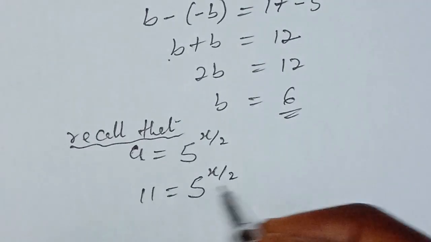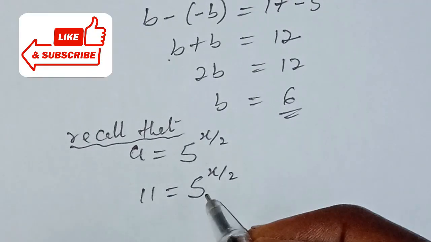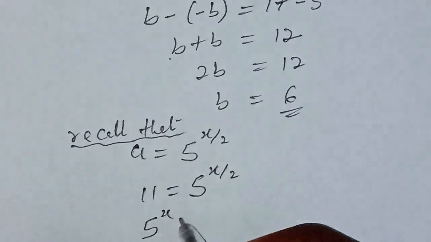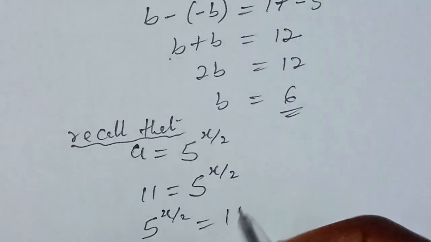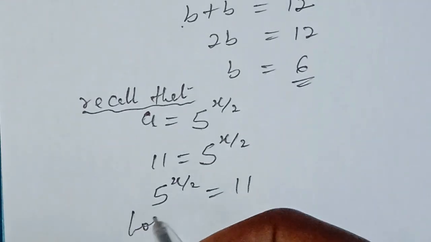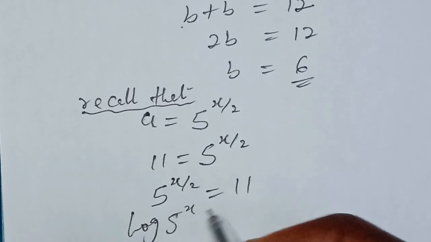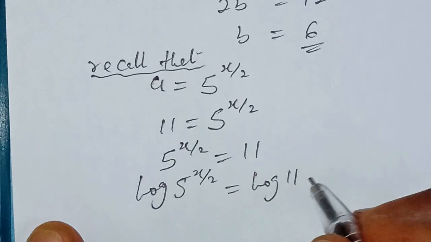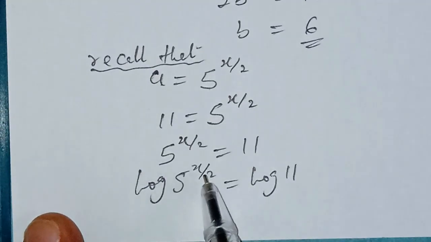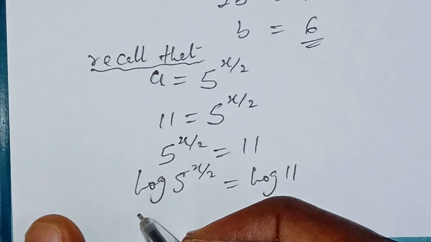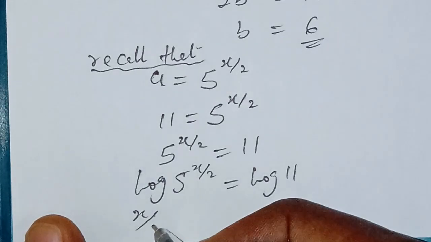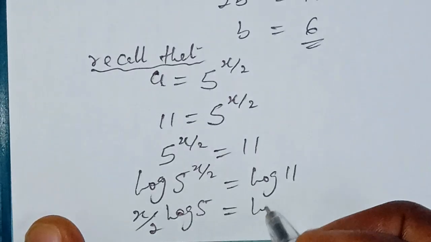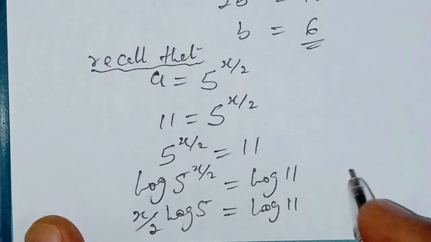Now from here, to solve this expression, we take the log of both sides. So we can write 5 raised to the power x over 2 equal to 11. So we now have log of 5 raised to the power x over 2 equal to log of 11. If we bring this exponent down, we have x over 2 log of 5 equal to log of 11.